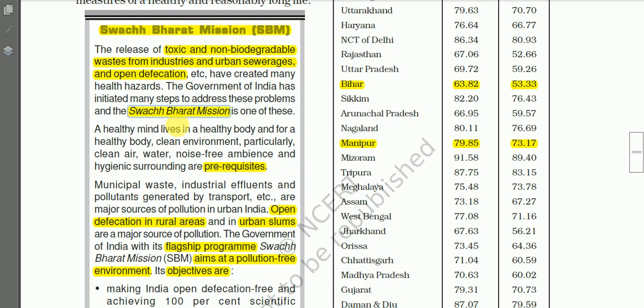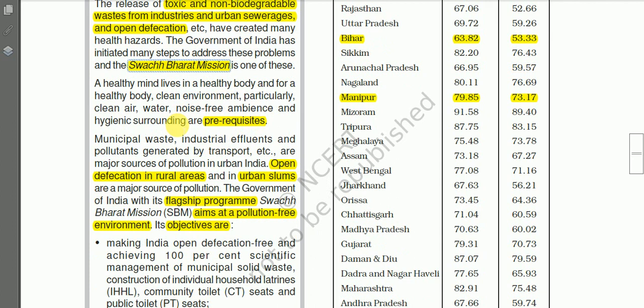To solve this environmental problem, to solve the health hazards of the people, the government of India has launched this Swachh Bharat Mission, because we know that a healthy mind lives in a healthy body, and for a healthy body, a clean environment, particularly clean air, water, a noise-free ambience, and hygienic surroundings are prerequisites.